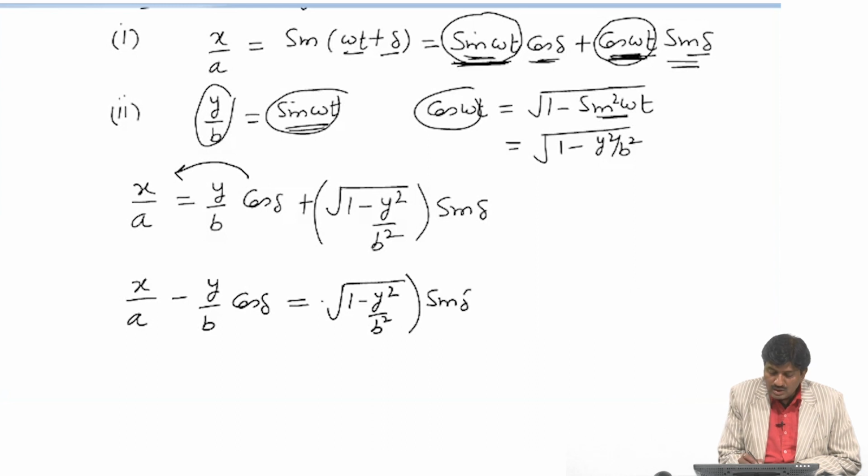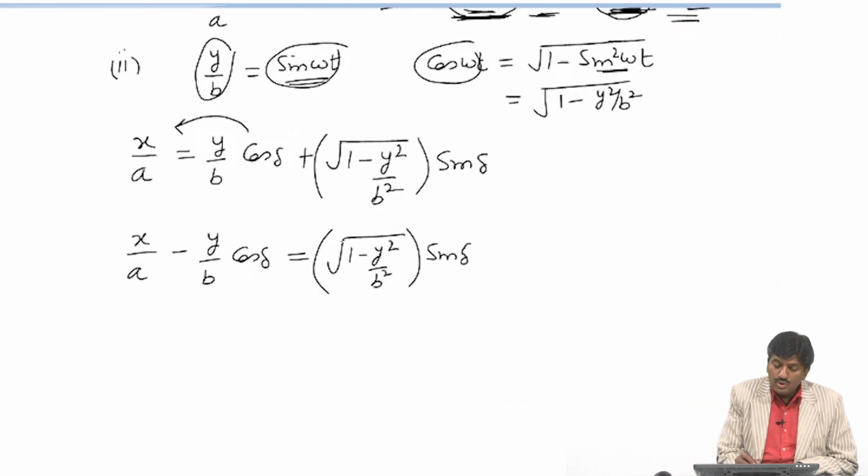Now, we should square this equation on both sides, as we have to remove the square root, and we can remove it only if we square both sides.